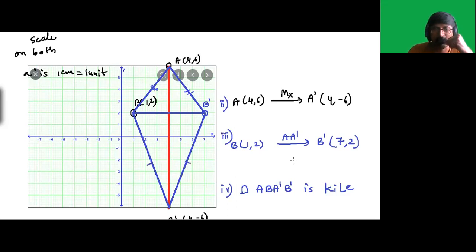They can ask you various other questions: find the perimeter of this kite, what is the area of this kite, or what is the reflection of these into these, anything. Just read very carefully how many mirror lines or lines of symmetry are possible, anything they can ask you. So basically A prime is the only line of symmetry, or only mirror line, you can say.